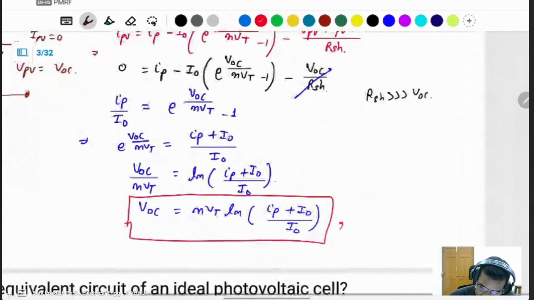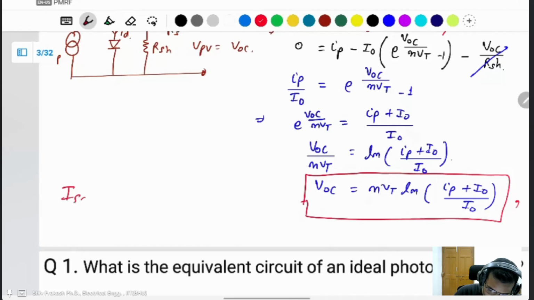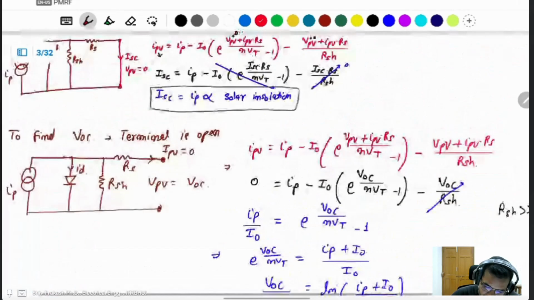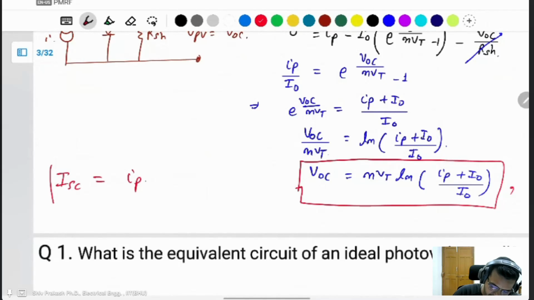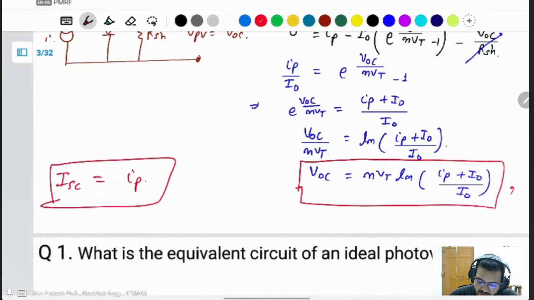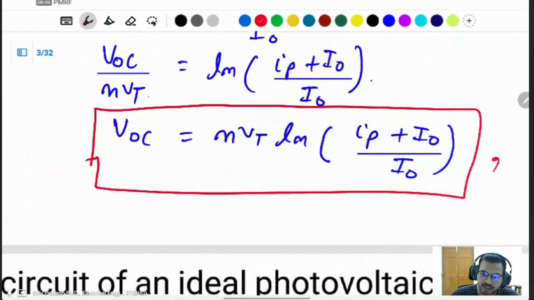I have written once again the short circuit current. This will be directly IP, the photon current, same as the short circuit current, and the open circuit voltage depends on IP, varying in the logarithmic region.